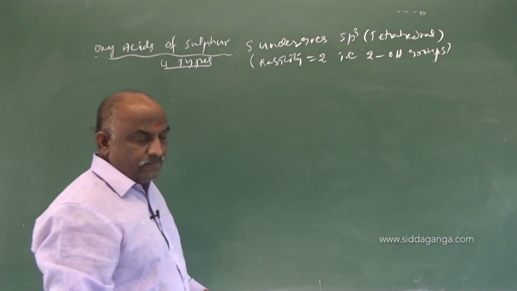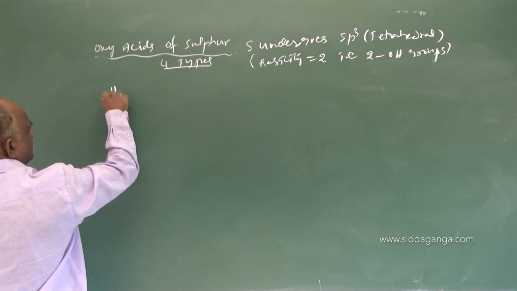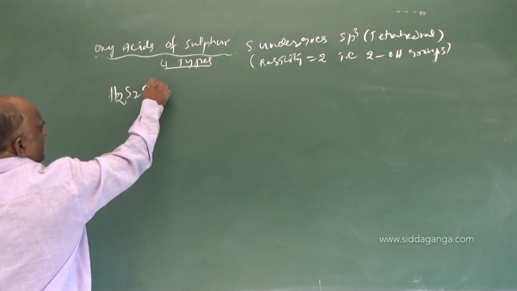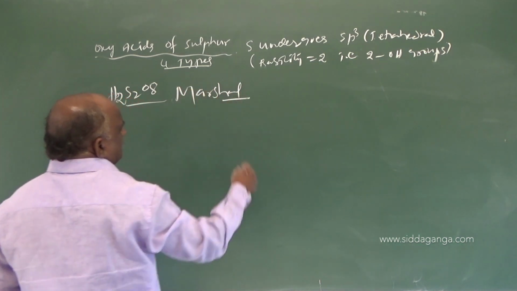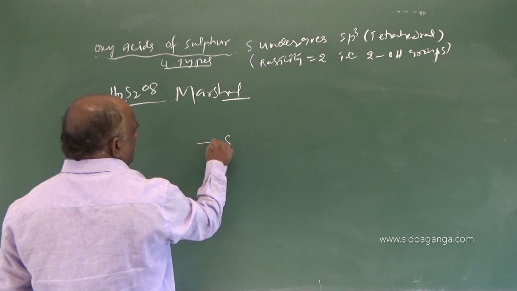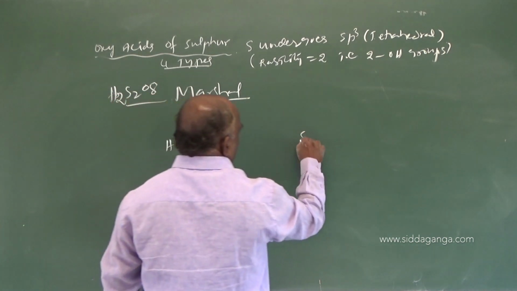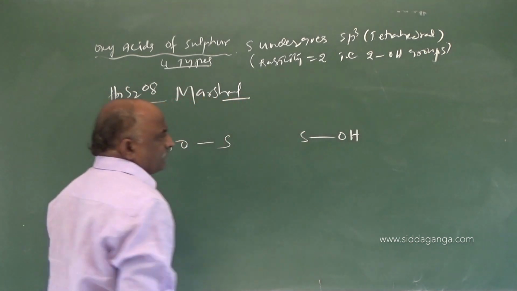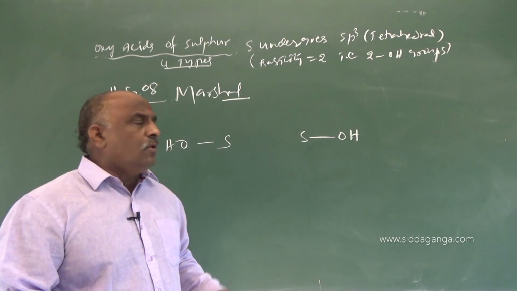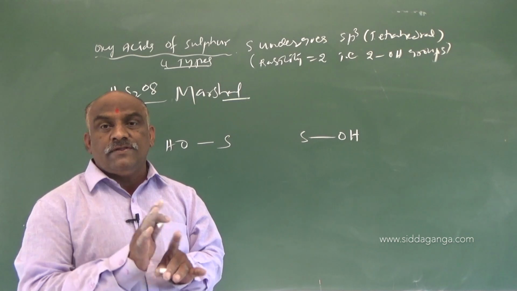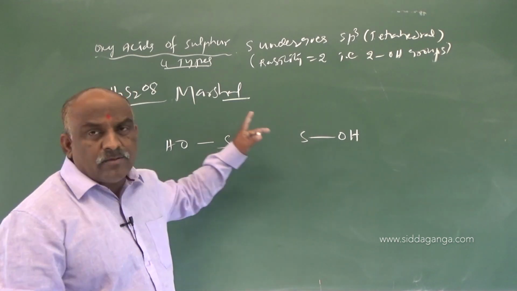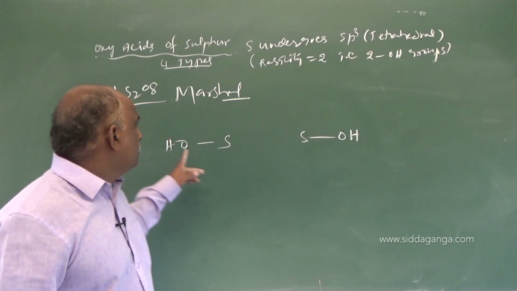And one more example, suppose it was given like this: H2S2O8, it is called Marshall acid. Already we know 2 OH groups, SOH. After writing 2 OH groups, only in the thio series does S bond S take place. The remaining compounds don't have S bond S. So SOH.